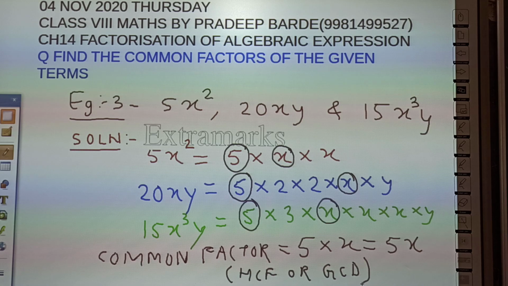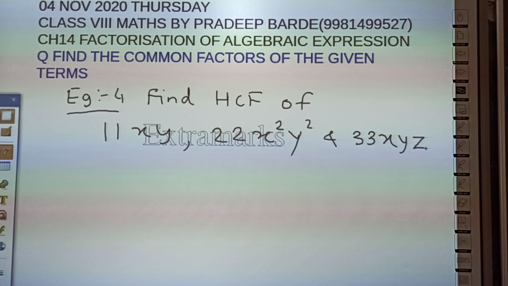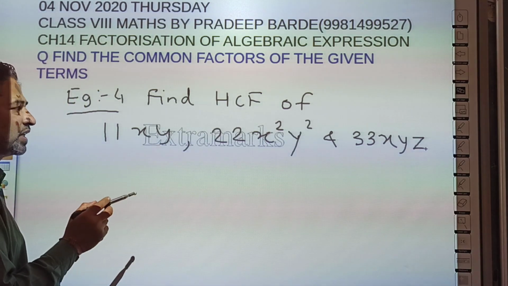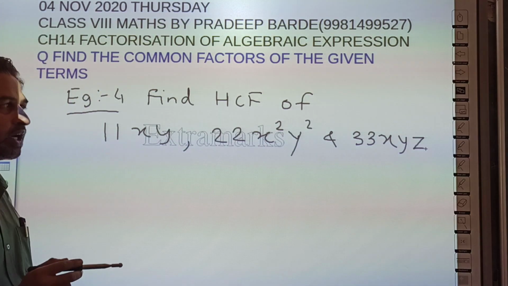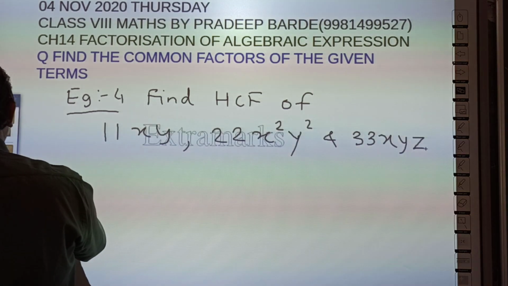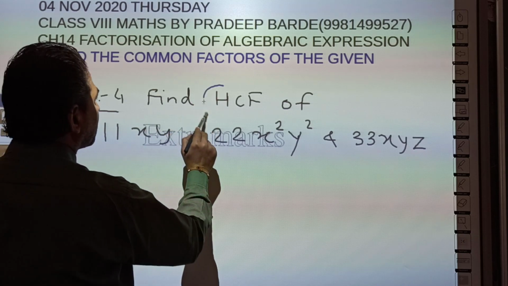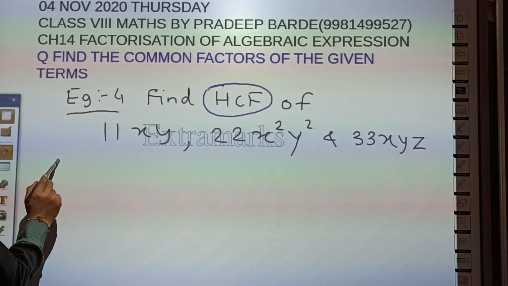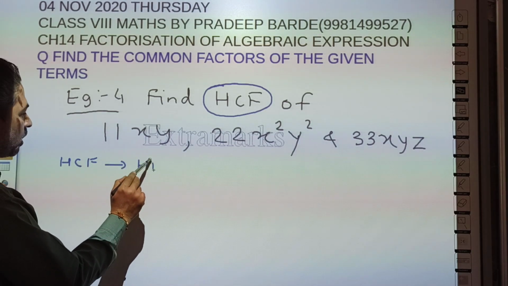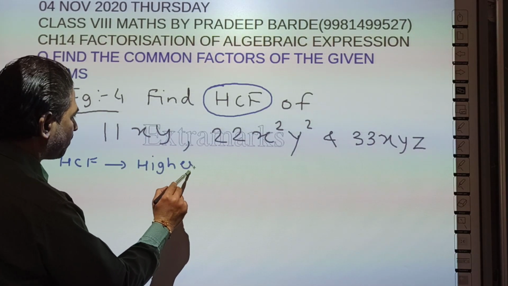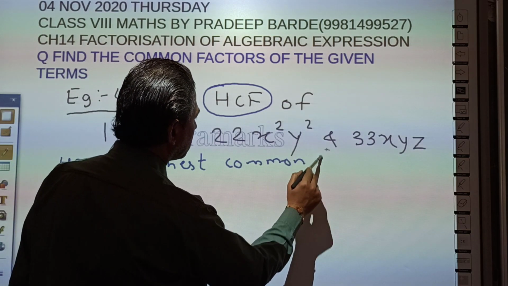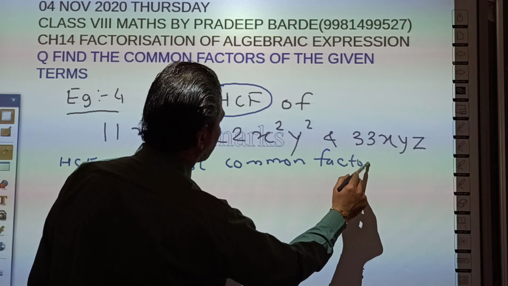We'll take some more examples. Now students, the next example is: find the HCF of 11xy, 22x square y square and 33xyz. First, let's see what HCF is. As we have discussed, HCF refers to the highest common factor.